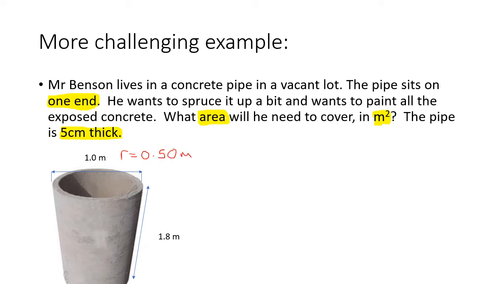So that's something that we'll need to use in our formulae. We've got our height here at 1.8 meters, and the thickness is going to be telling us about the thickness of the pipe there itself.